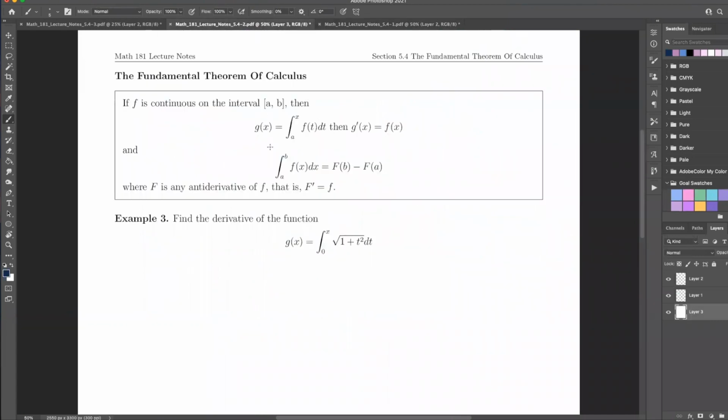That says if I take a function and I integrate it between a and x, right, then if I take that derivative, I get back the same function. So integration and derivatives are kind of like inverses of each other. And this allows us to make this statement where f is the antiderivative.